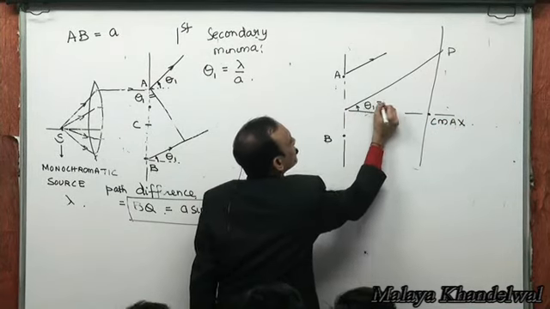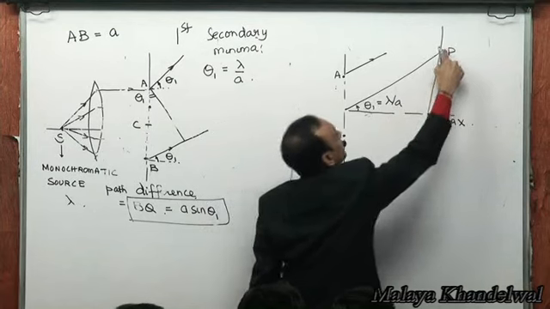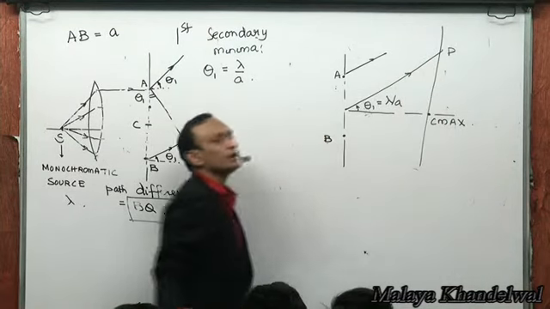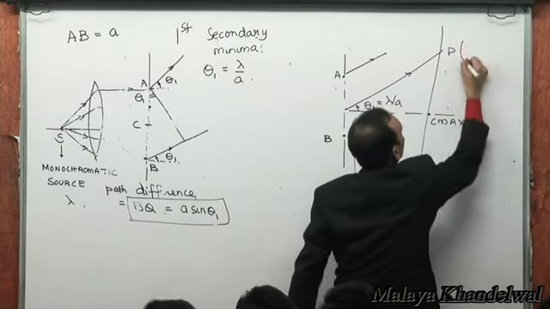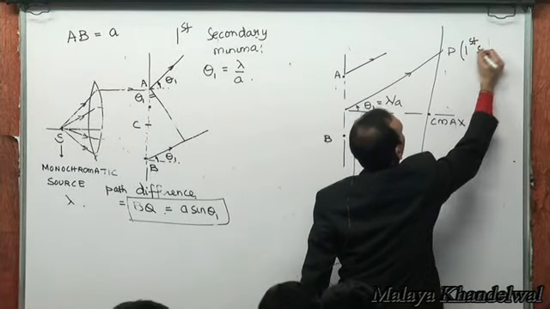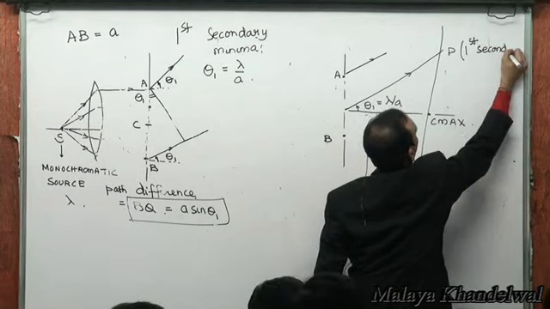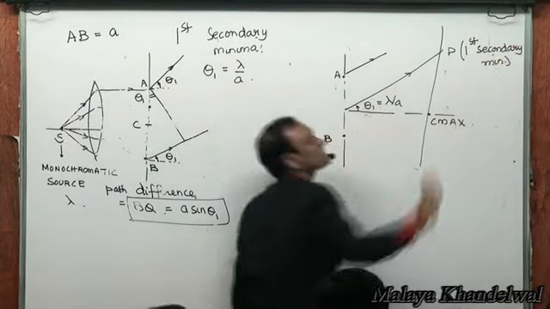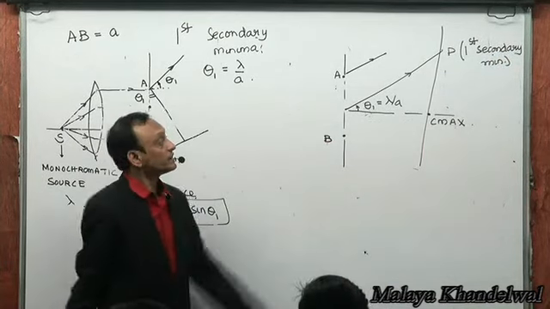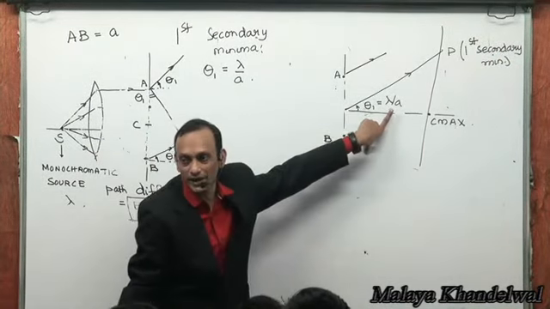For theta 1 equal to lambda by a, I'll be able to locate a point P on the screen where I see my first secondary minima. There is total destructive interference at P for theta 1 equal to lambda by a.